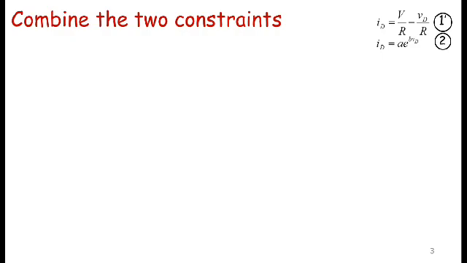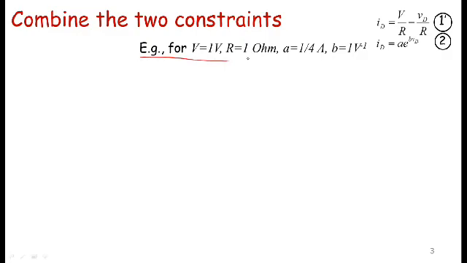Before I do that, let me pick some values for the various parameters. As before, I'm going to pick V equals 1 volt, R equals 1 ohm, A equals a quarter of an amp, and B to be 1 volt inverse. I'll pick the same parameters as I did in the analytical method.